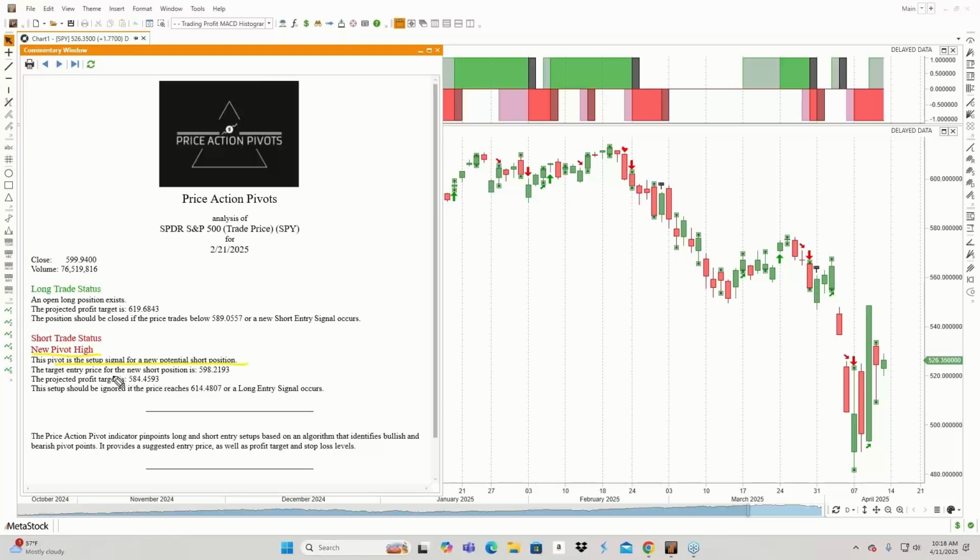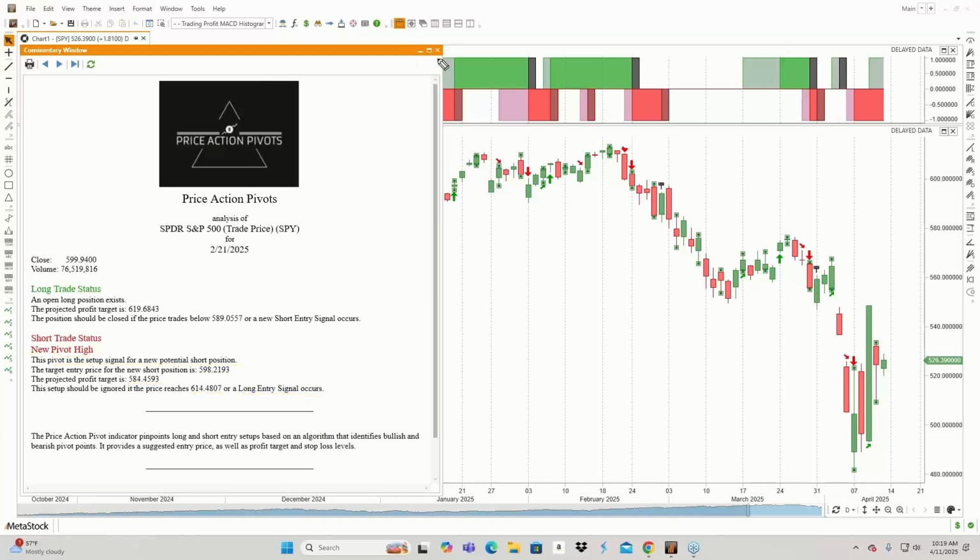It's going to give you the targeted entry price, projected profit target, and it's also going to tell you that the setup should be ignored if price goes up to a certain price level, or if an opposing long entry signal occurs. Okay, so that's all going to be found within the expert commentary.